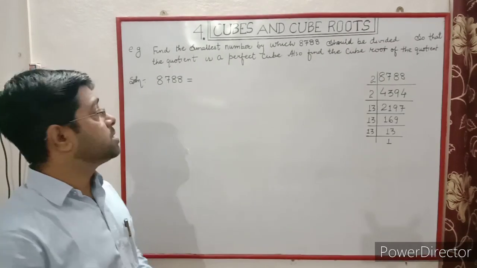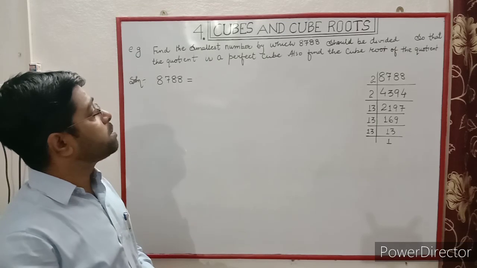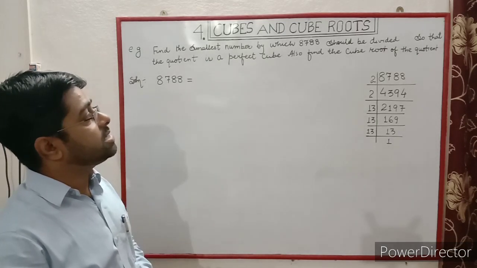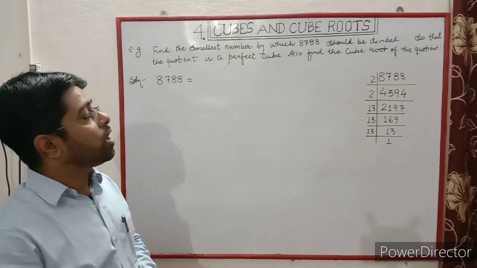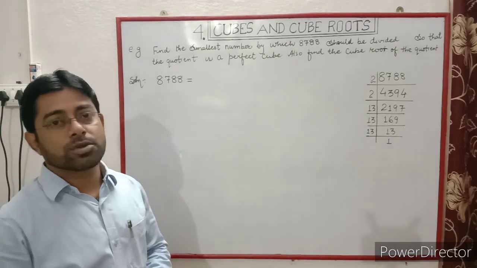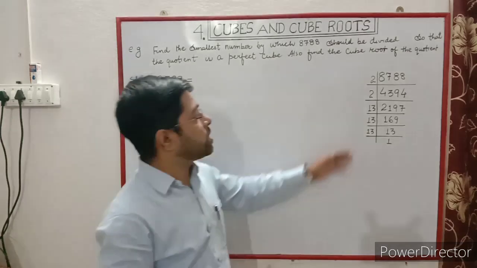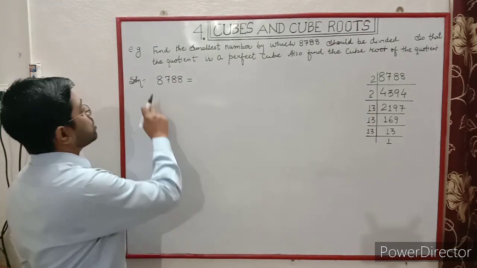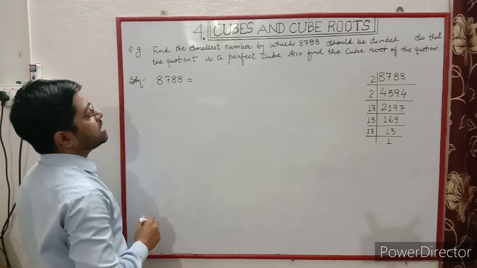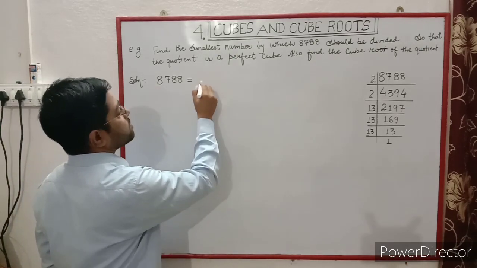See one more question. Find the smallest number by which 8788 should be divided so that the quotient is a perfect cube. Also find the cube root of the quotient. So first of all, prime factorization of 8788. So solution: 8788 expressed as the product of prime factors.